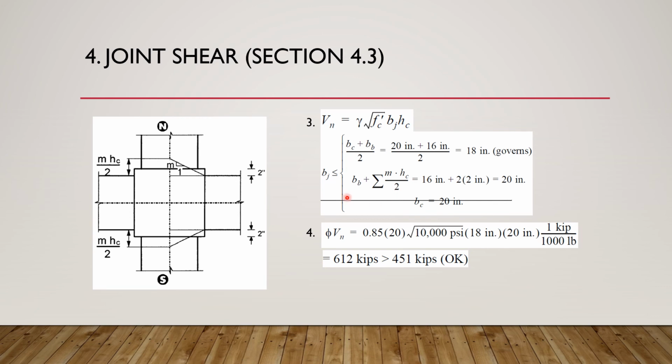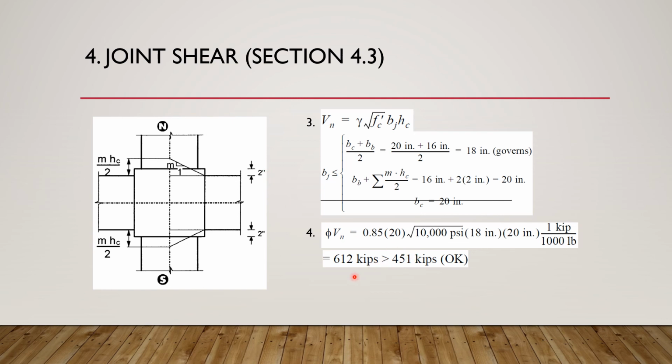In this case, because the eccentricity between the beam center line and the column center exceeds B of the column over 8, we have that this M is 0.5, but 20 that is the B of the column over 2 is 5, but is less than the extension of the column beyond the edge of the beam. So in this case we use the extension of the column beyond the edge of the beam, that is 2 inches.